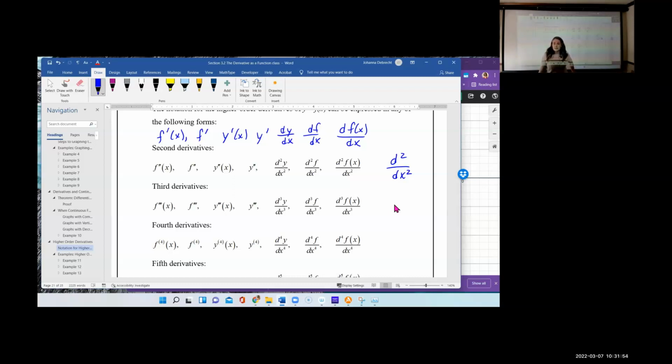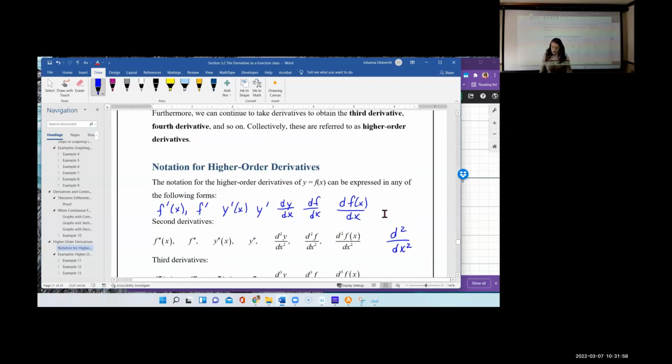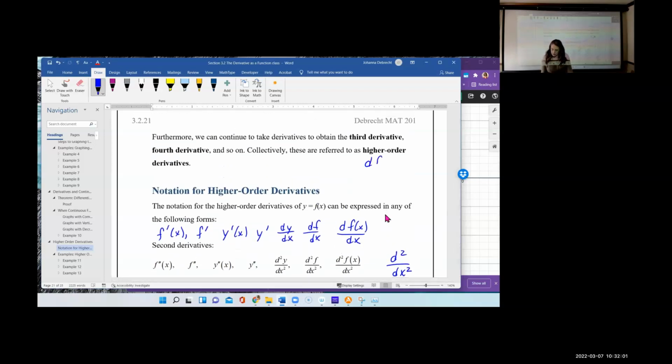And so you might take the derivative with respect to x and then take the derivative with respect to y. So you could have the derivative of f with respect to x and then with respect to y, which is why we have this notation of dx twice, because that means do it with respect to x, do it with respect to x again. All right.